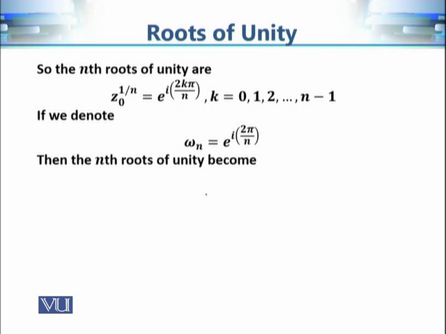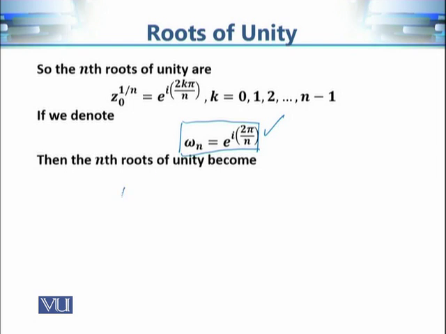Now observe that if I take k is equal to 1, then it's going to give me this root. And if I take k is equal to 2, then there is a relation between that root and omega n.